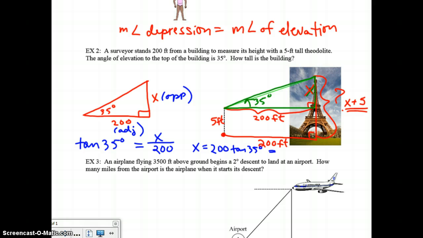I'm using my calculator. You do want to make sure that your mode is in degrees. And so that tells me that x is approximately, so it's not exact, but approximately 140 feet.